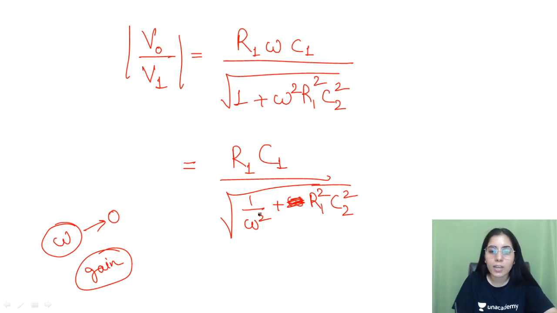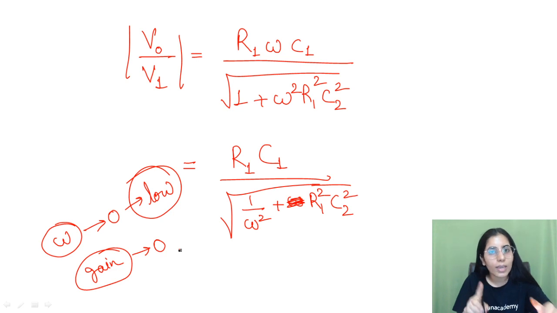Just check it out. 1 upon 0 means infinity, and infinity plus anything means infinity, and the root of that is again infinity. Something upon infinity will be 0. Done. So it is the lower value of omega you have taken. That means at lower frequency, the gain is 0.